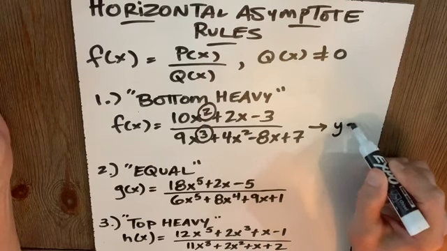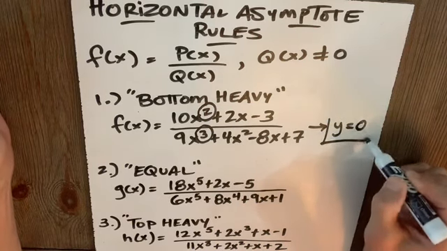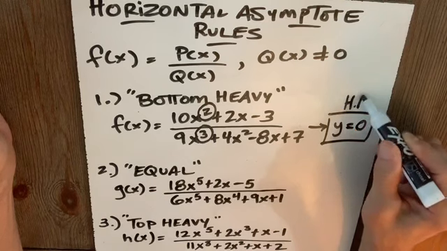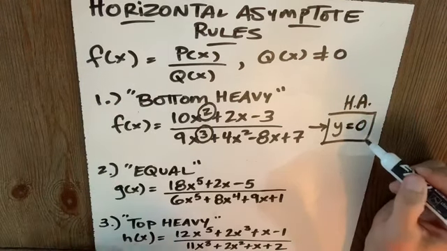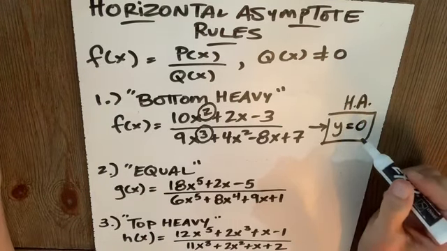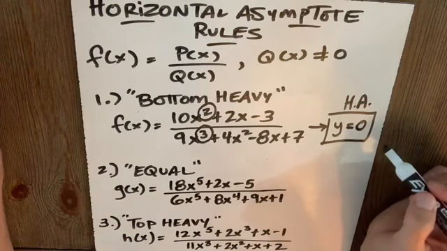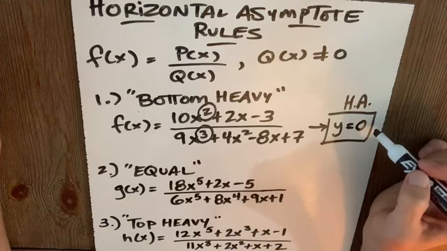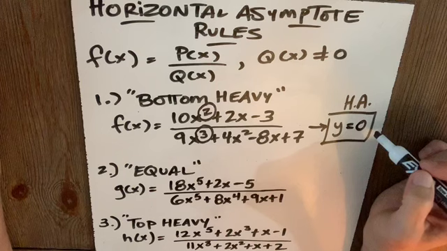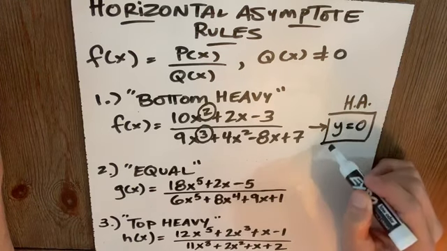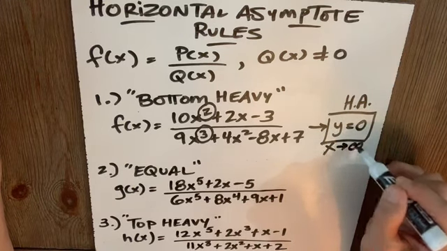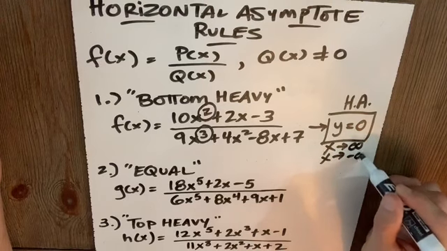And our graph will conform to this line. There is our horizontal asymptote. Bottom heavy, y equals 0. By the way, that's simply the x-axis. Our graph will eventually conform to the x-axis as x gets really big or x gets really small.